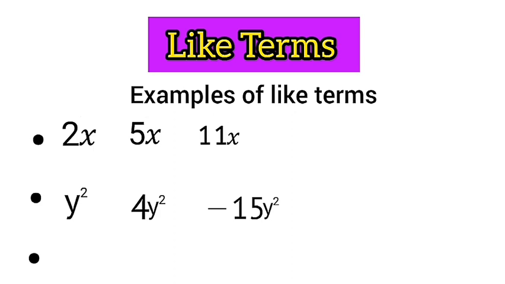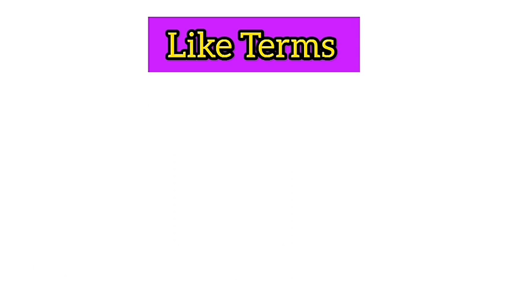Then finally, 3mn^4, 7mn^4, and 20mn^4 are also like terms because they have the same variables raised to the same power.